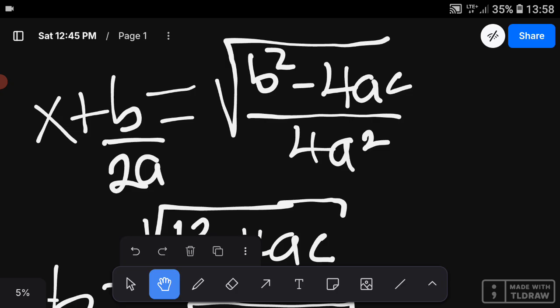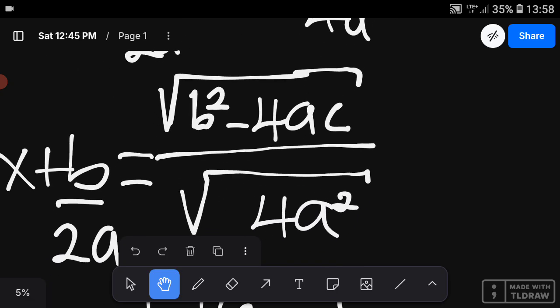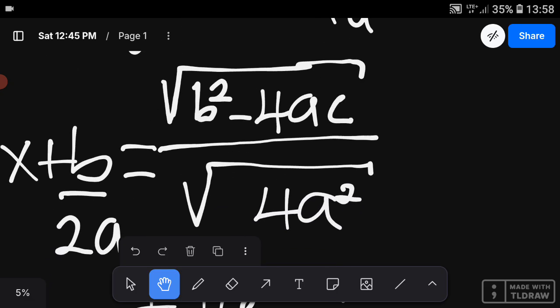So it affects the numerator, which is b squared minus 4ac, and also affects the denominator 4a squared. So you distribute the square root sign like this from the top and bottom.